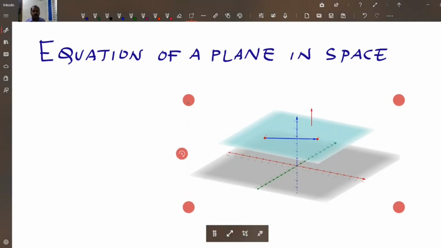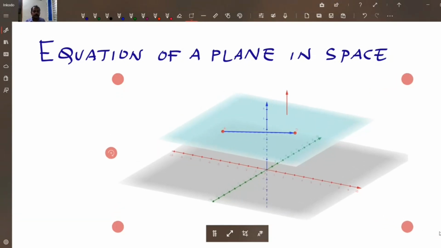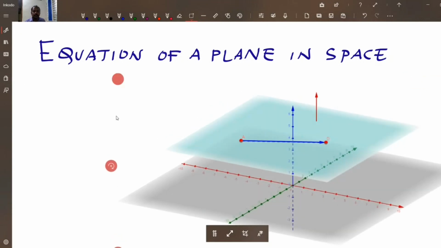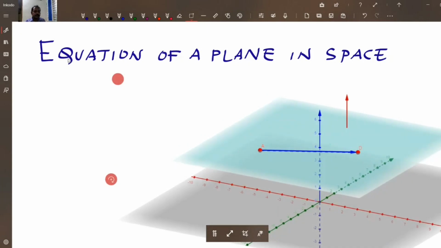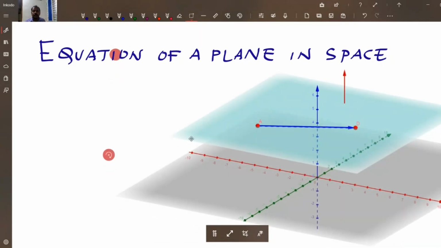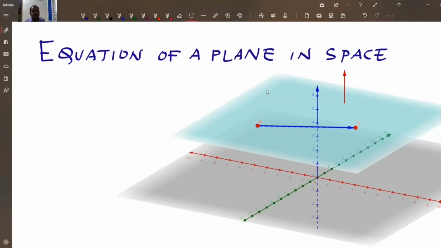Now, make it a little bit bigger. Okay. So we are going to find the general equation of the plane.